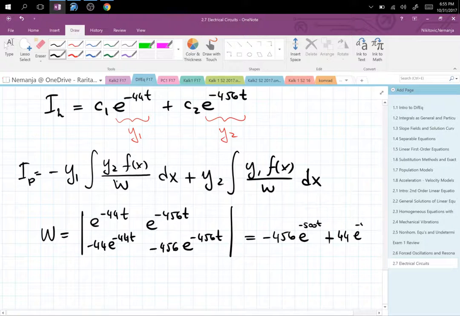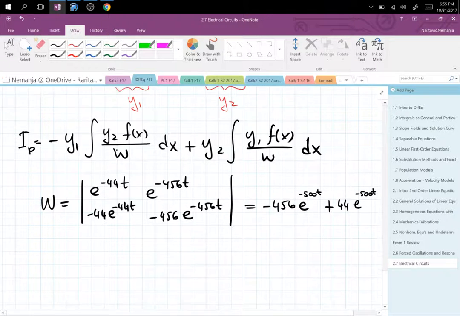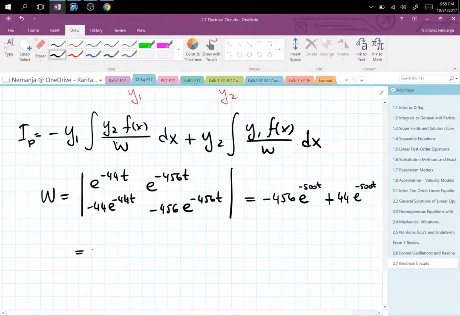Right? Well, that was easy. So when we subtract this, it's going to be negative 400 and then 1 and 2, so negative 412 e to the negative 500t, and that's the Wronskian as a function of t.